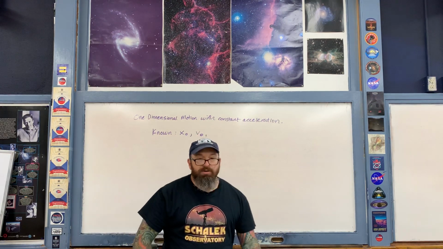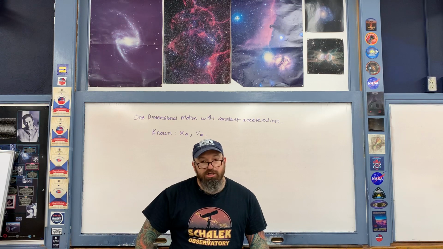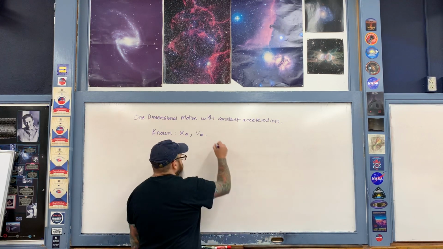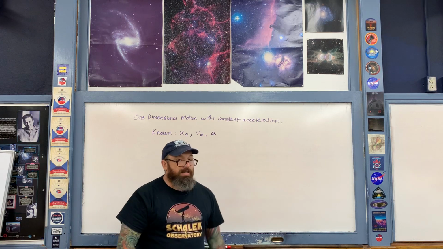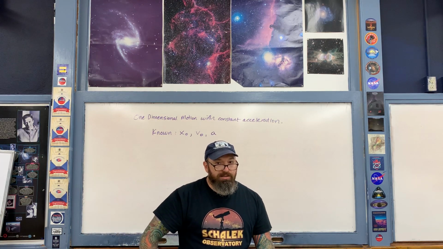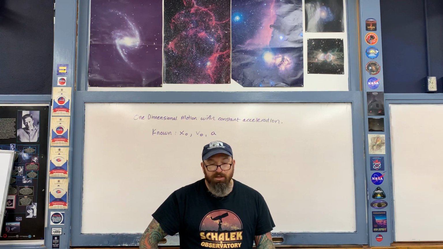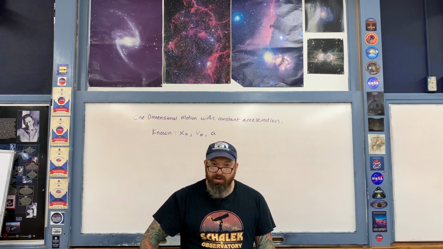And then let's say that we also know how the velocity is changing with respect to time, the constant acceleration, which I'll just simply write as a. Now, as long as the acceleration is constant, the instantaneous value and the average value of the acceleration are, of course, the same number. So I'll write the acceleration as a, as opposed to writing it as a bar.